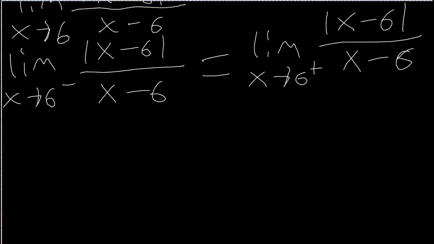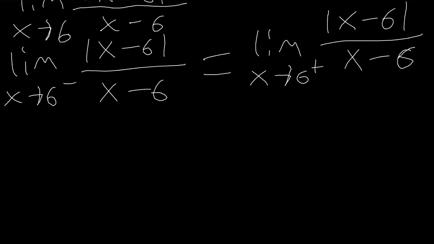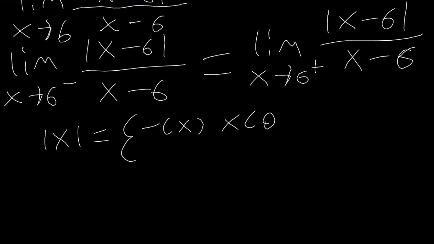So to test if it exists on each side, though, we have to split it into the piecewise function definition of absolute value. So if you remember, the absolute value of x is just negative x for x is less than 0, and it's just x for x is greater than or equal to 0.